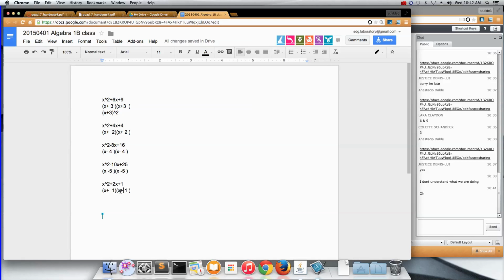So essentially, if I have x plus 3 times x plus 3, I could write that as (x + 3) squared, just like I could write this as (x + 2) squared, or (x - 4) squared. You get it?